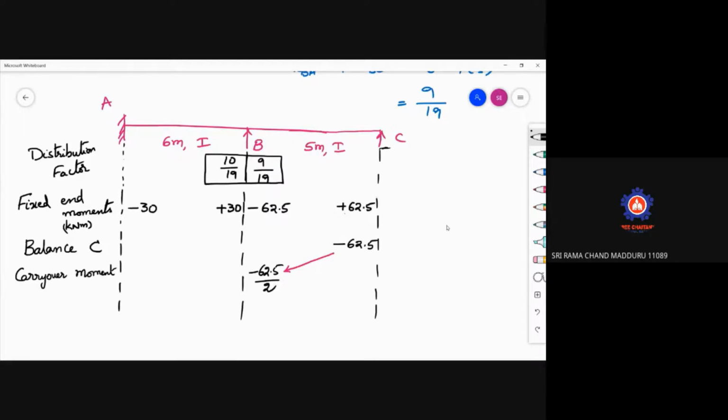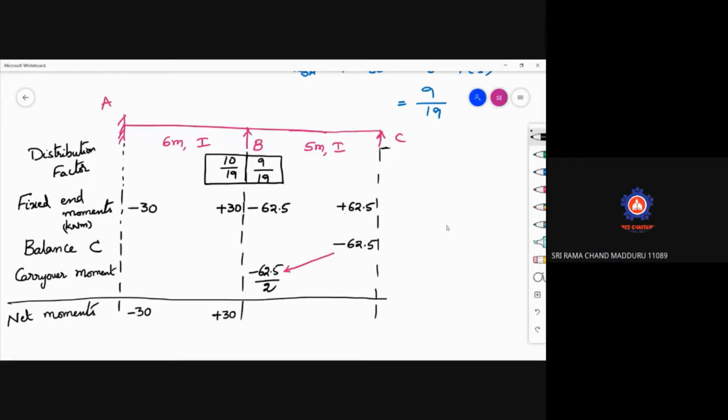So when you are balancing this, for simplicity, we'll make a closed line here. I will write down the net moments. Net moments are nothing but just adding the columns. So this is minus 30. Support A is not at all balanced. Support B, this is plus 30.